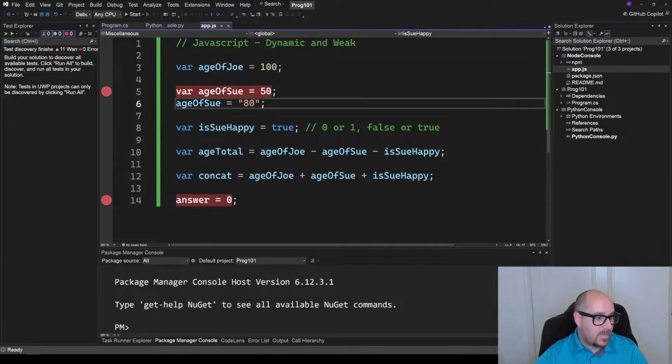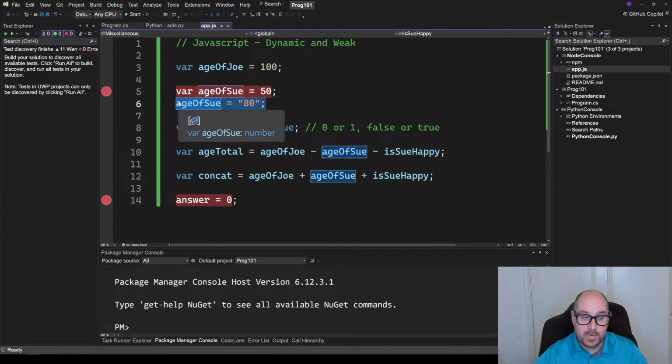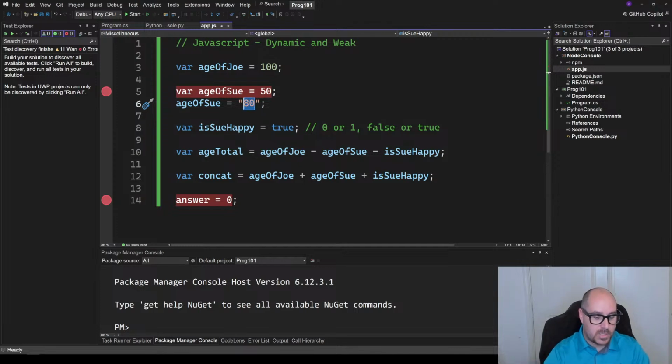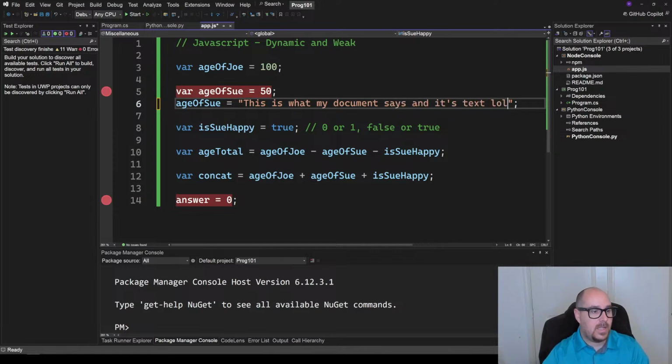The other kind of type that is most common is the string type. And a string essentially just means words. It's what you would find all of your documents written in. This is what my document says, and it's text. So a string is a continuous connection from character to character, or letter to letter, and it can look like this or it can look like this.